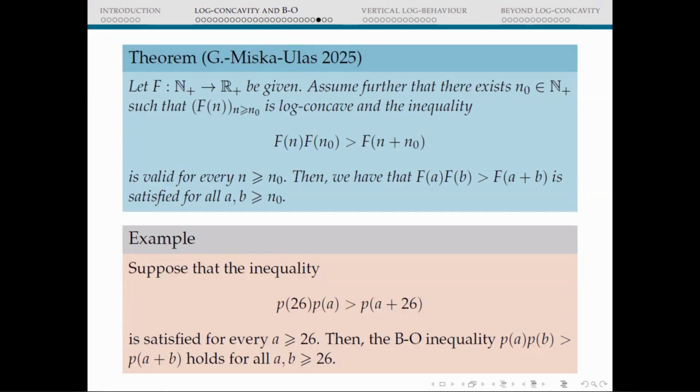So in particular, if we knew that this holds, then we would be able to deduce that the partition function fulfills the Poisson-Ono inequality for all a and b greater or equal than 26.